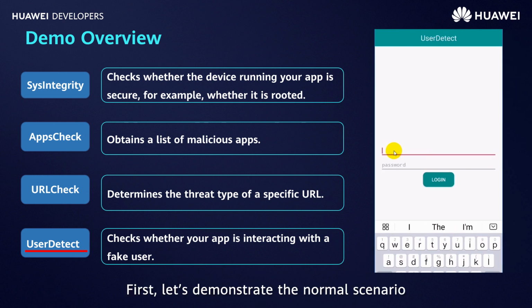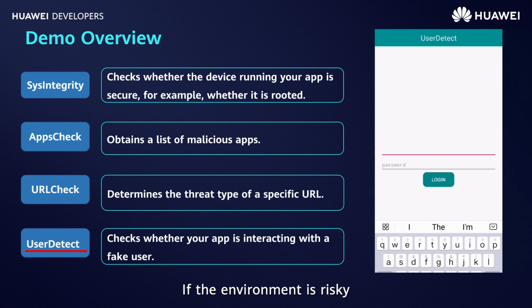First, let's demonstrate the normal scenario. That is, the environment is secure and the user does not need to enter a verification code. After the user enters the username and password and clicks the Sign In button, the UserDetect API is called too. Check whether the current environment is secure.